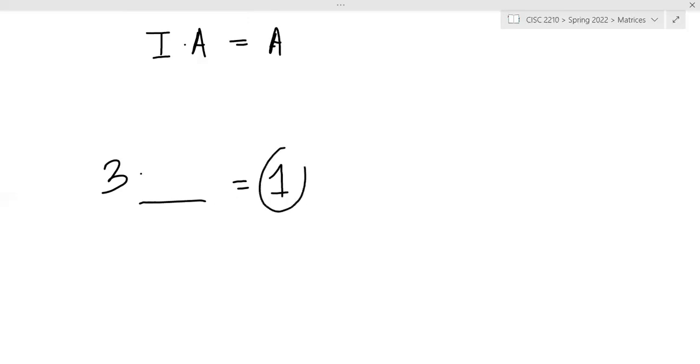Remember, 1 is the identity for real number multiplication. And there is another real number that, when I multiply by 3, will give me 1.